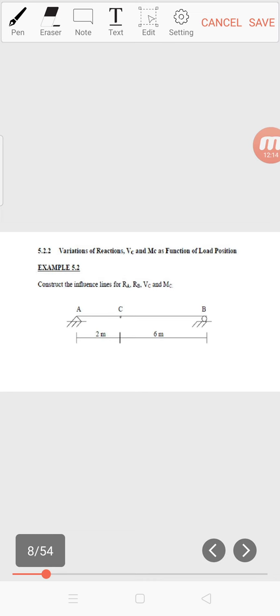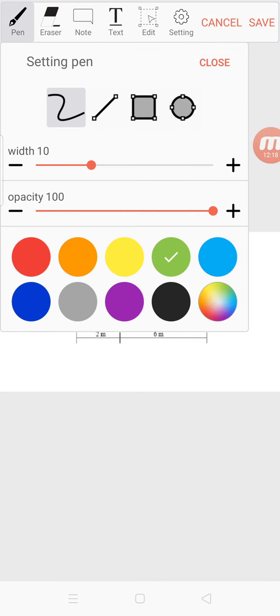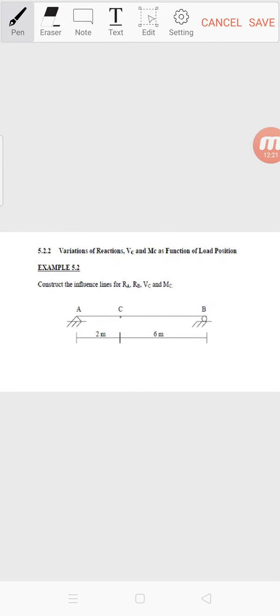Okay, to construct the RA and RB, we have to find the RA and RB.